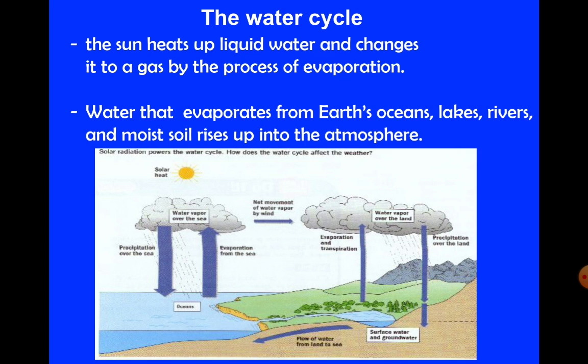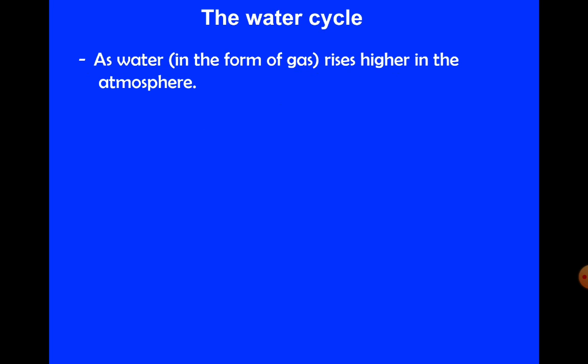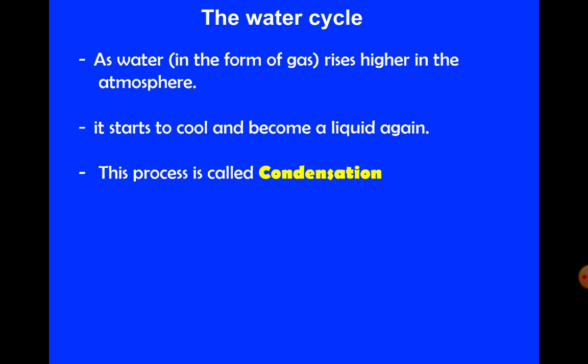It evaporates from the Earth's ocean, lakes, rivers, moist soil, and it rises up into the atmosphere. So the water in the form of gas rises higher in the atmosphere and it starts to cool and becomes a liquid. What do we call this? Cooling gas to a liquid, we call that condensation.